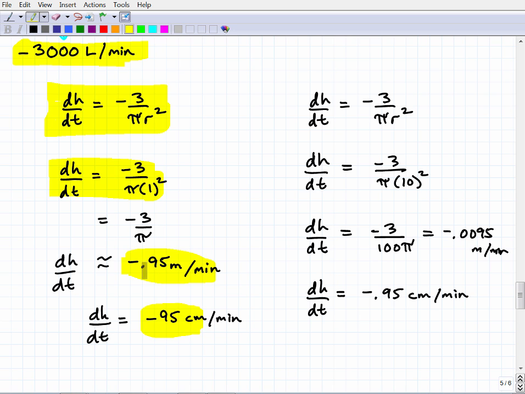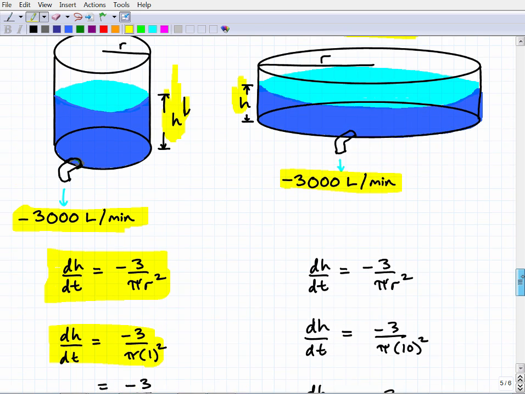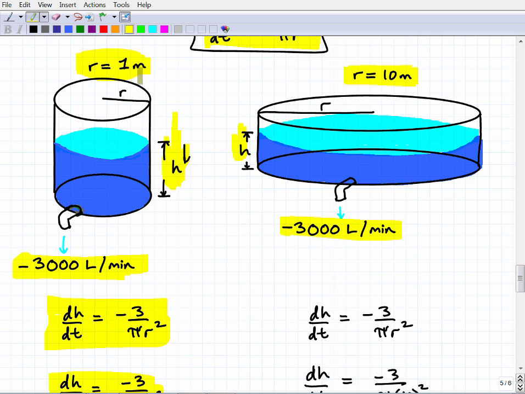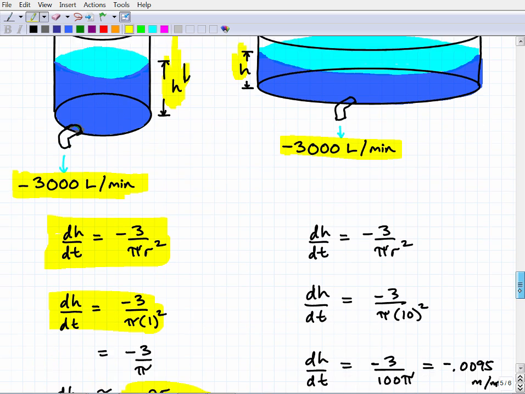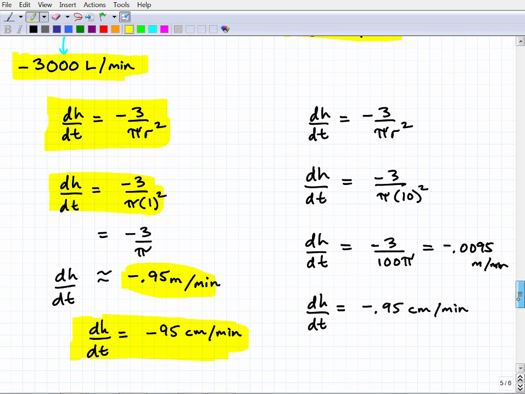So I'm just converting 0.95 meters to 95 centimeters. So in this scenario, when we have a tank that has a radius of 1 meter, and the fluid's being removed at 3,000 liters per minute, we would see the fluid level drop 95 centimeters per minute.